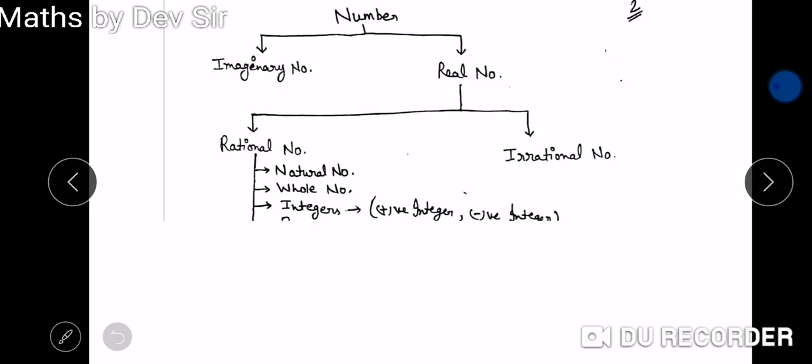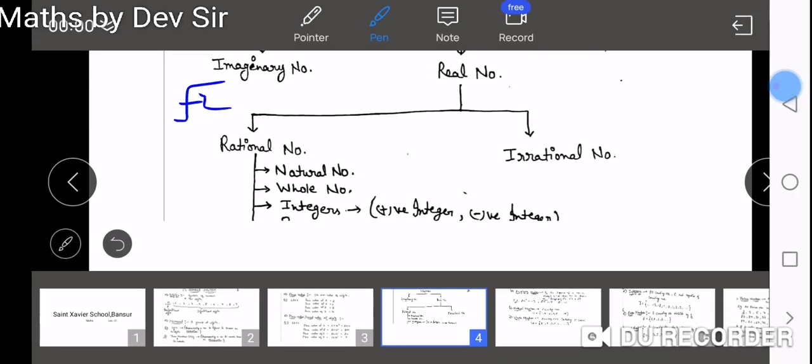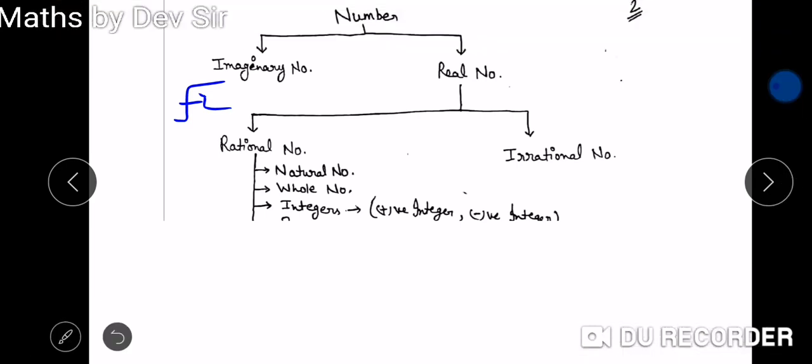For example, in previous classes might be I have told you that if we are getting any number with a negative sign in square root, suppose square root of -2 comes, then this number will be imaginary number. And real numbers means all numbers which we used to speak, we used to write. All the numbers there are, are real numbers.